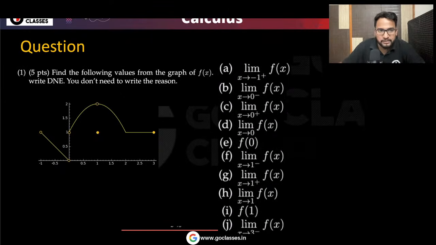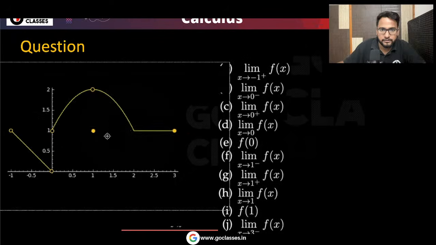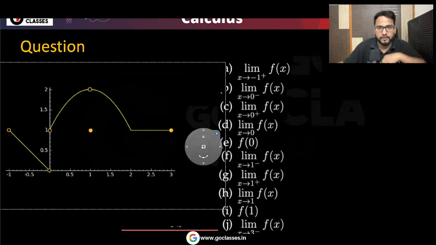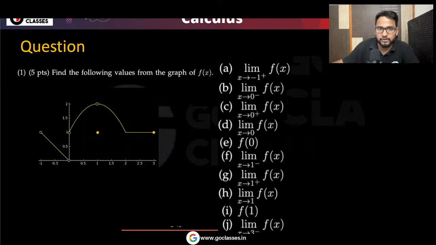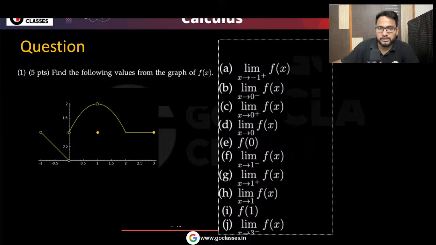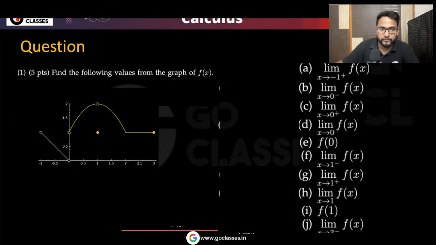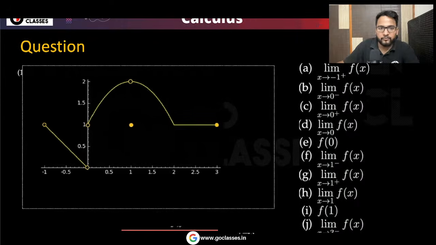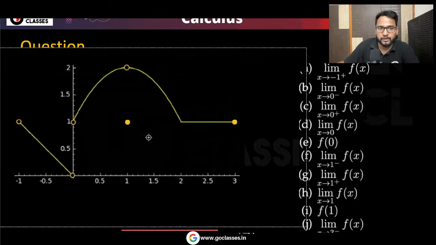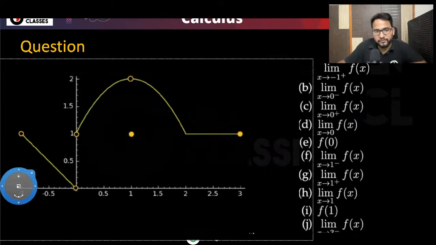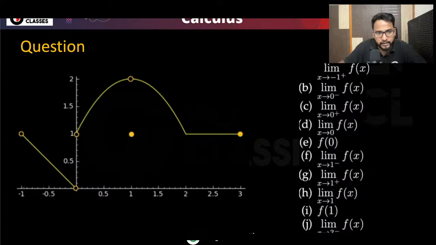What is -1 plus? If you are at -1 plus, it means you are coming from the right. Maybe I can zoom this out a little bit more, then you can understand this. Tell me, if you're coming to -1 from the right side, -1 plus, this particular point, then what will happen?